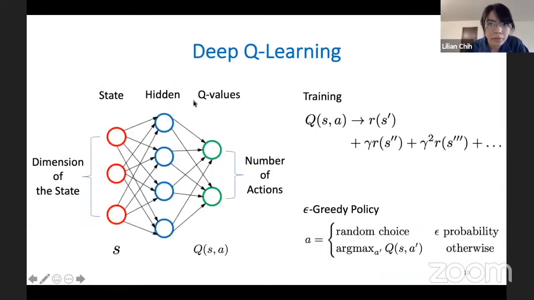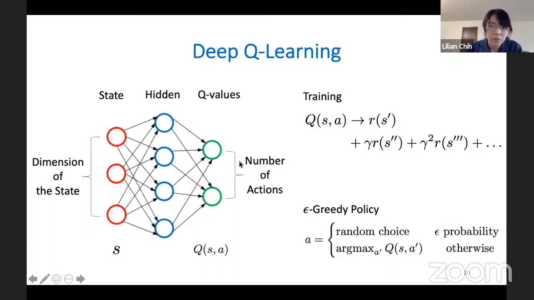Here's more detail about the deep Q learning algorithm. We have a neural network that takes the state as input and outputs the Q values for each action. The training process is basically making this neural network learn the Q values so that it can represent the total discounted reward well.